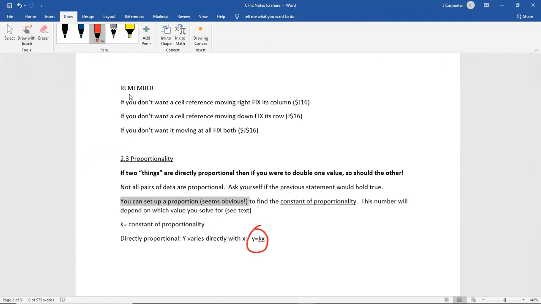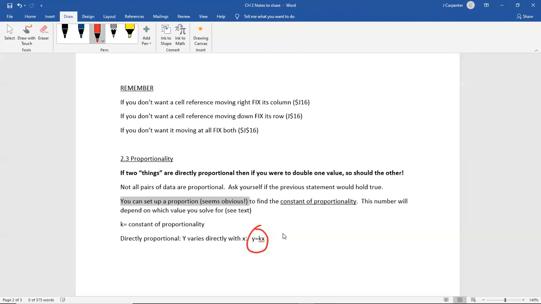Instead of setting up fraction equal to fraction, if y varies directly with x, so if the oranges vary directly with apples, or if the euros vary directly with dollars, anything like that, if you're told that, or if you've deduced that, then you can write the equation y equals kx. Instead of using y and x, you could use more appropriate letters like E for euro and D for dollar. That's certainly up to you. But we do generally keep the letter K for that constant of proportionality.